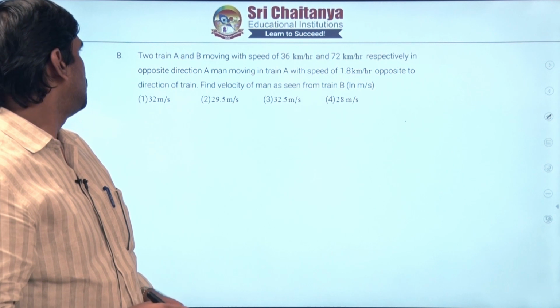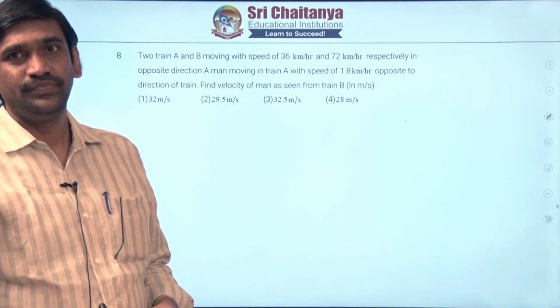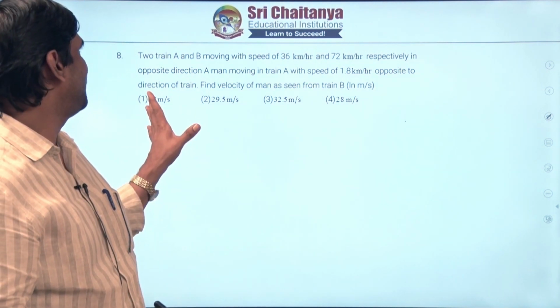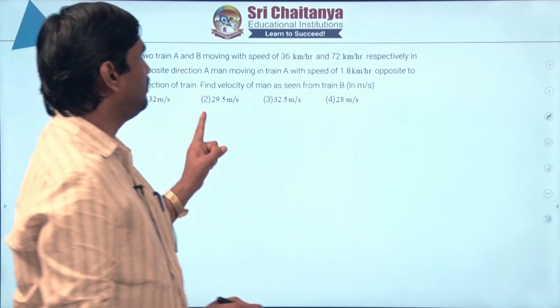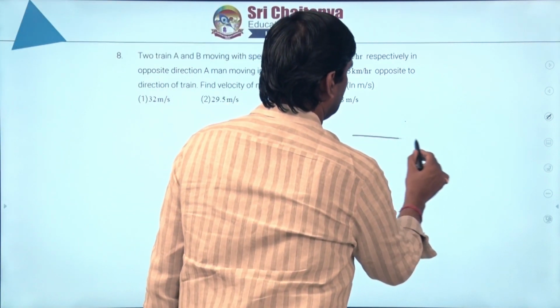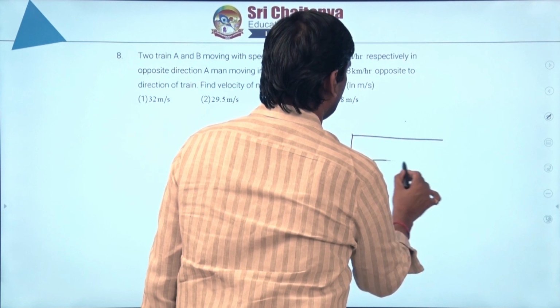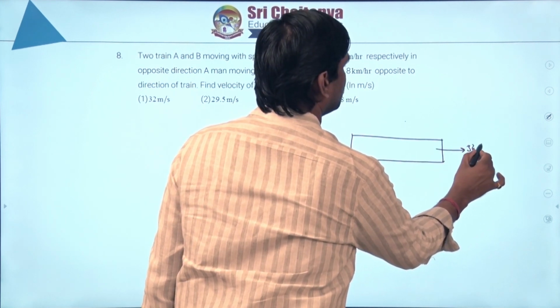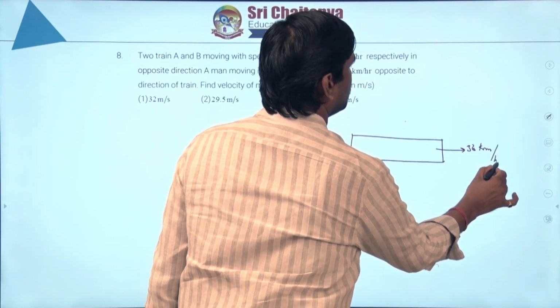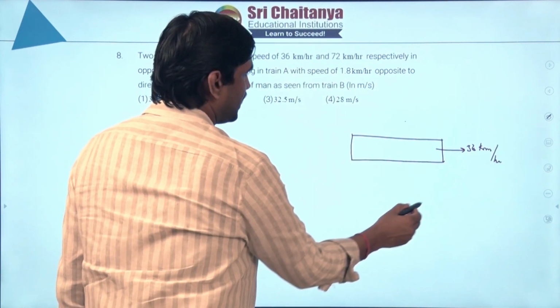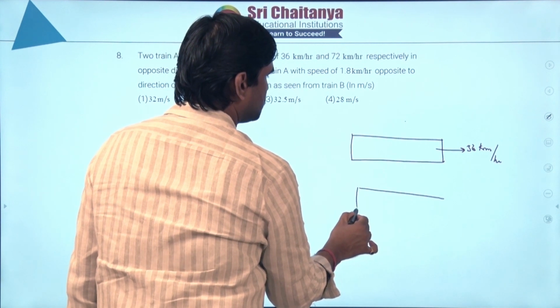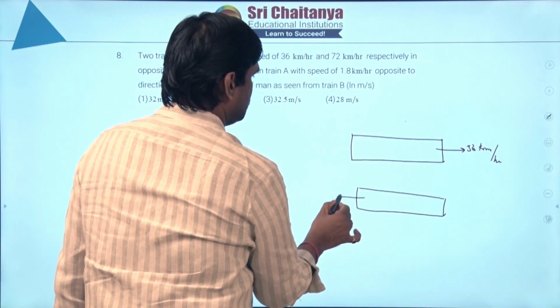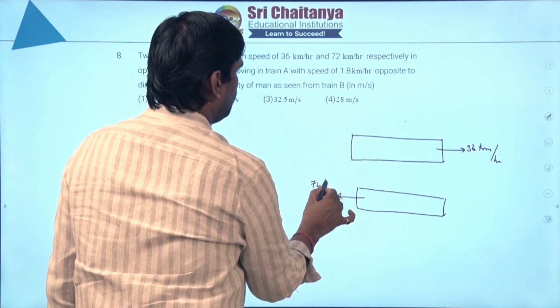Now I am starting question number 8. In question number 8, they have given clearly the train A and train B. Train A is moving with velocity 36 kilometer per hour, whereas train B is moving with velocity 72 kilometer per hour.